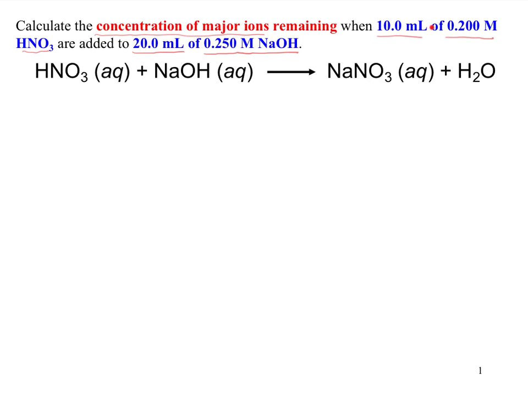That is, we have 10.0 milliliter of acid mixed with 20.0 milliliter of the base. So what's the final volume of the solution?